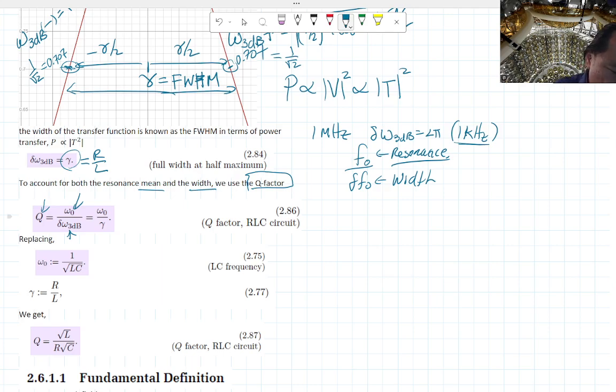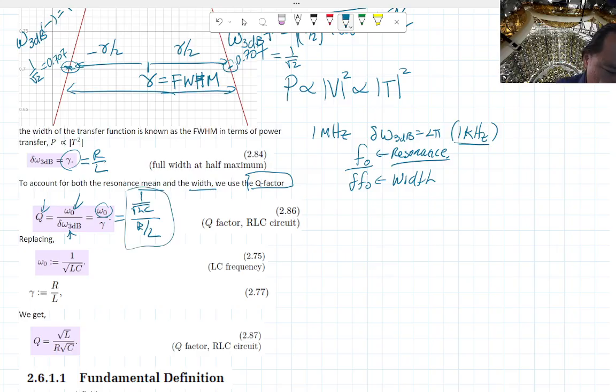Okay, and omega naught is the resonant frequency of the oscillator, the resonator, okay, which is 1 over square root of LC. Gamma here is the RL constant. That's why it's easy for me to remember, because I can just write it if I say RL constant.